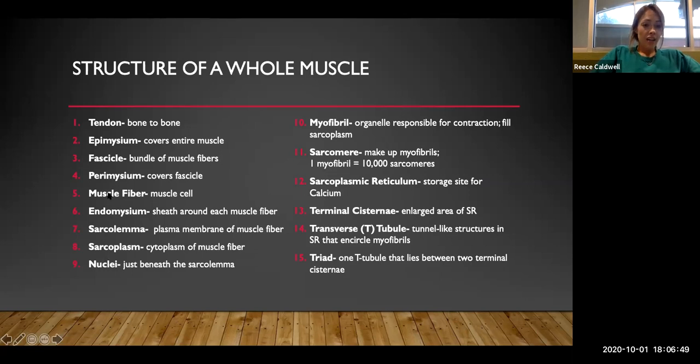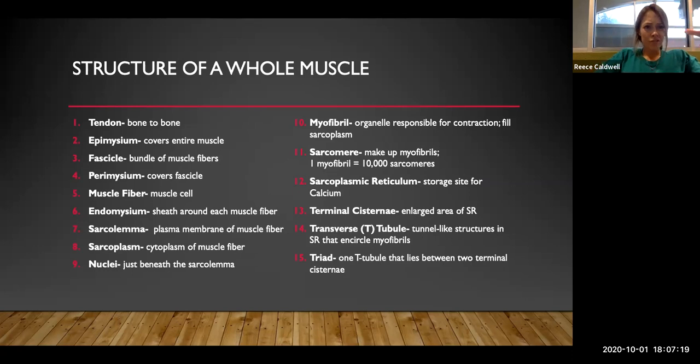So inside of our muscle fiber or a muscle cell, we have a bunch of myofibrils. Myofibrils are organelles that are actually responsible for contraction. So they're what cause the contraction. And making up the myofibrils are these structures called sarcomeres. One myofibril is about 10,000 sarcomeres. So in one myofibril, we have about 10,000 sarcomeres.